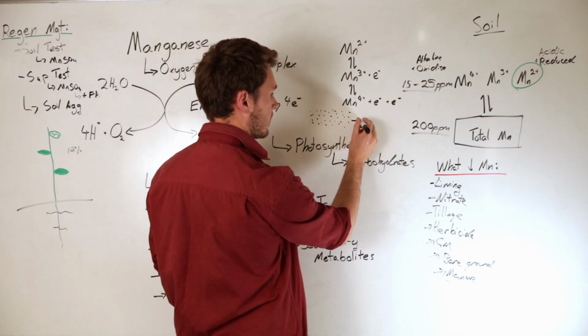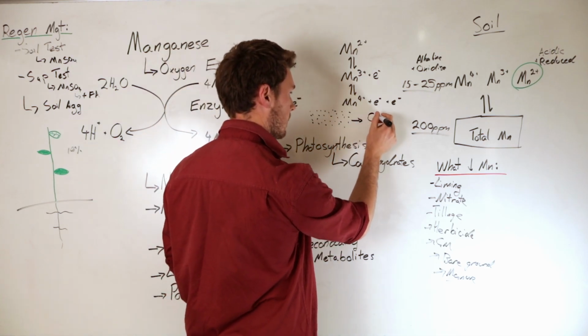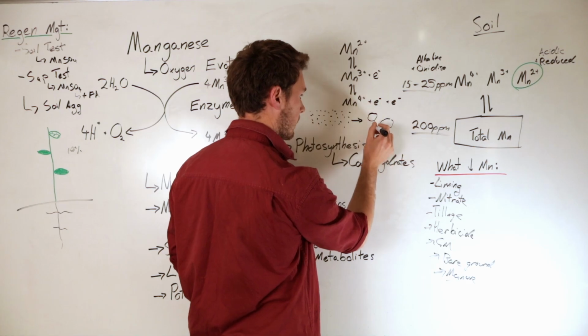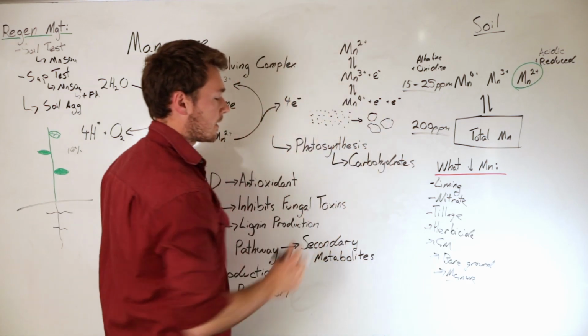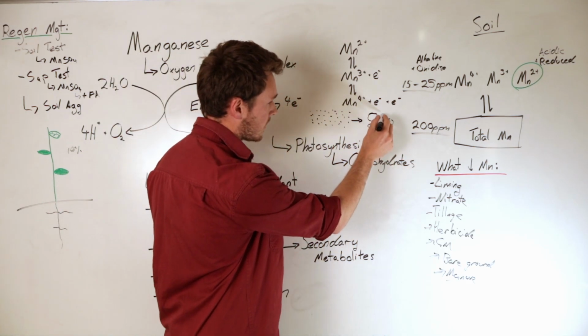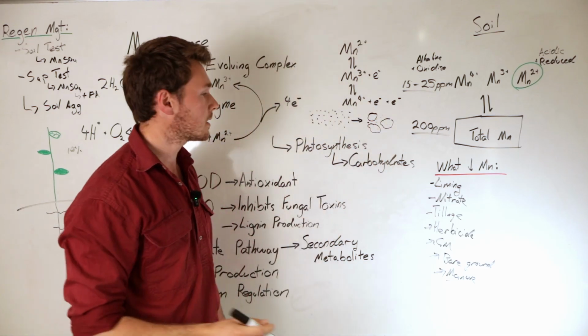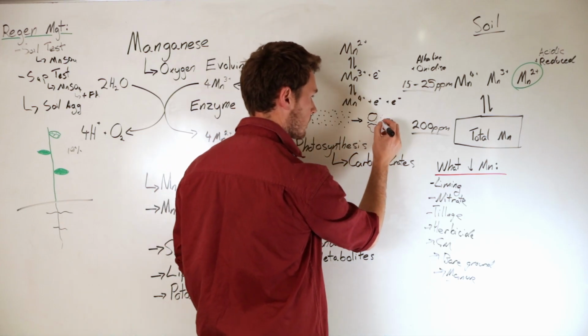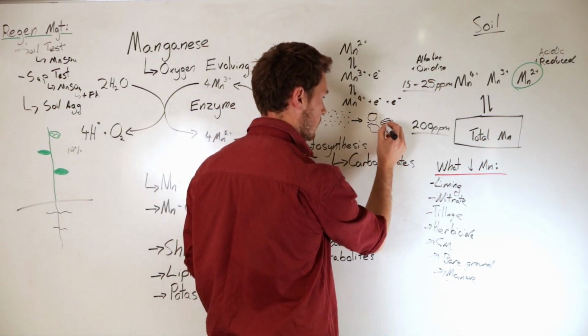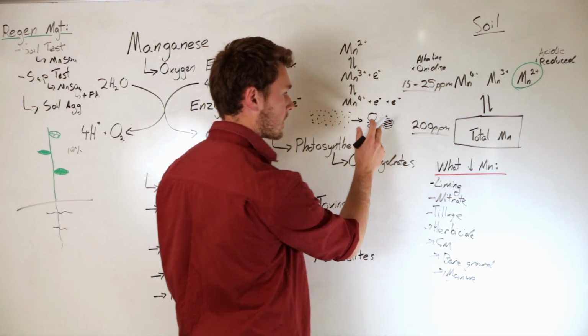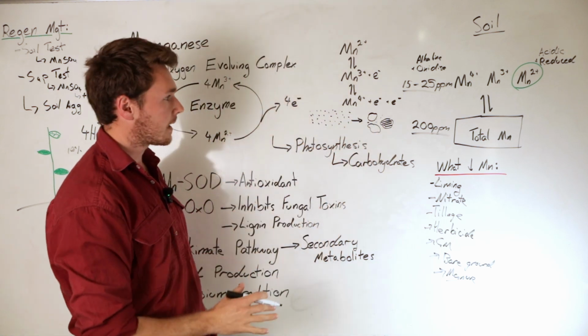What we want is to be able to convert this into zones of good aggregation. What that allows is good oxygenation or good aeration in this part in between our aggregates, but also got these zones of a reduced soil environment, which is then full of available manganese.